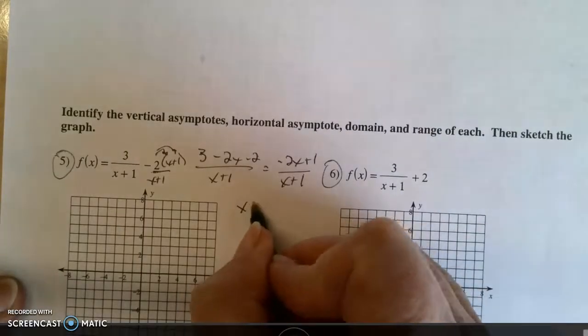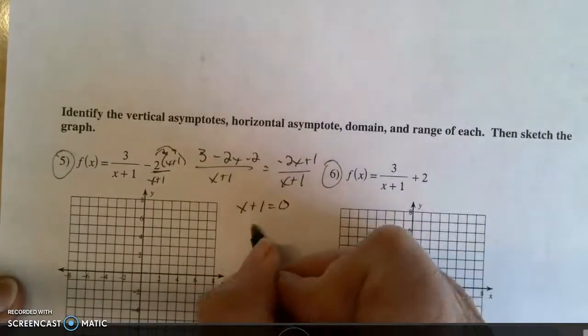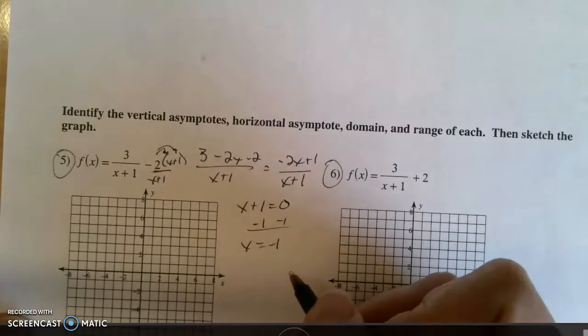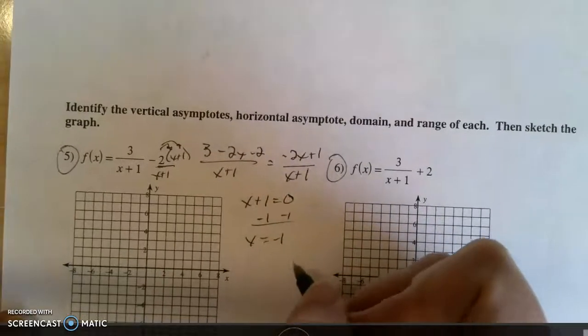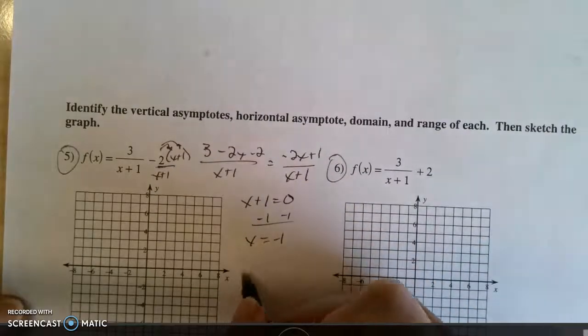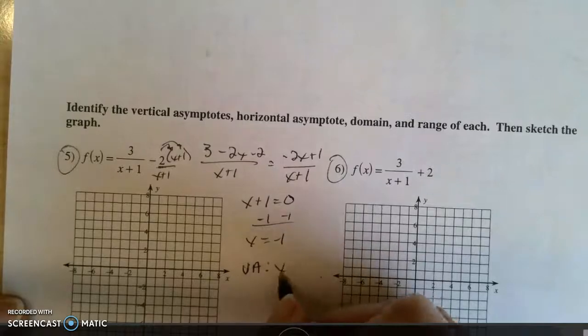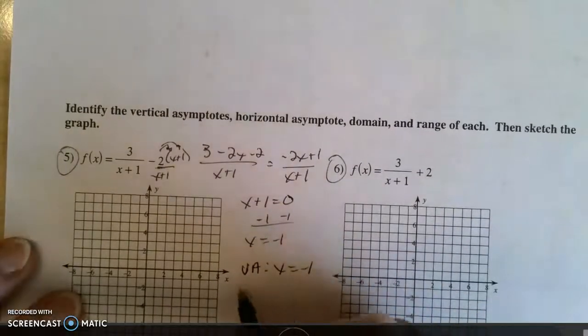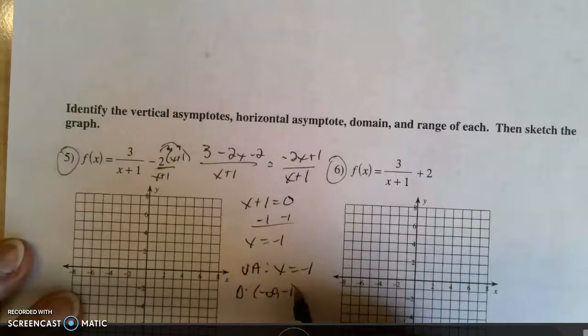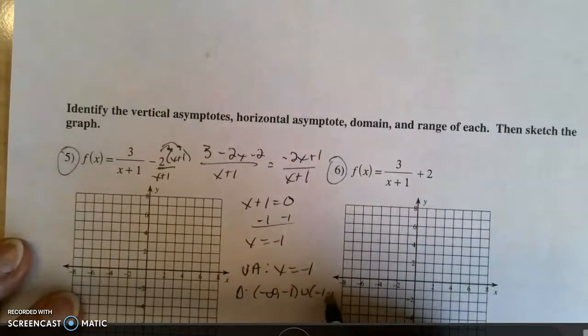Set the denominator equal to 0. And that gives me my vertical asymptote. And I can get my domain. I'm going to stop at negative 1.